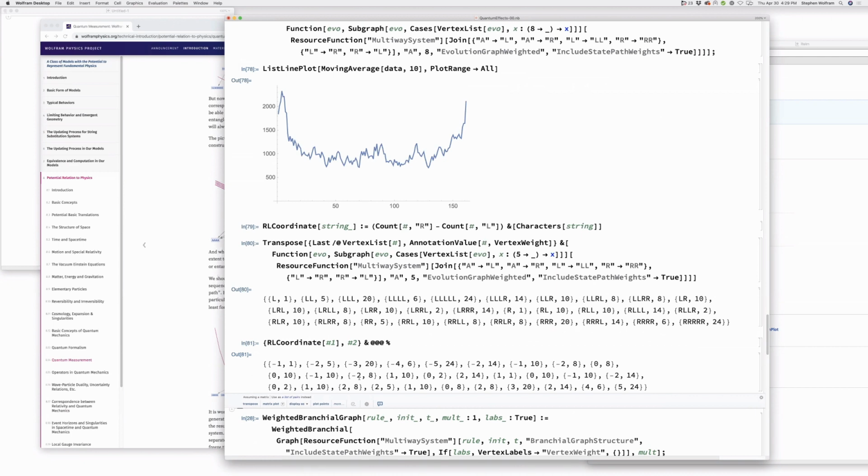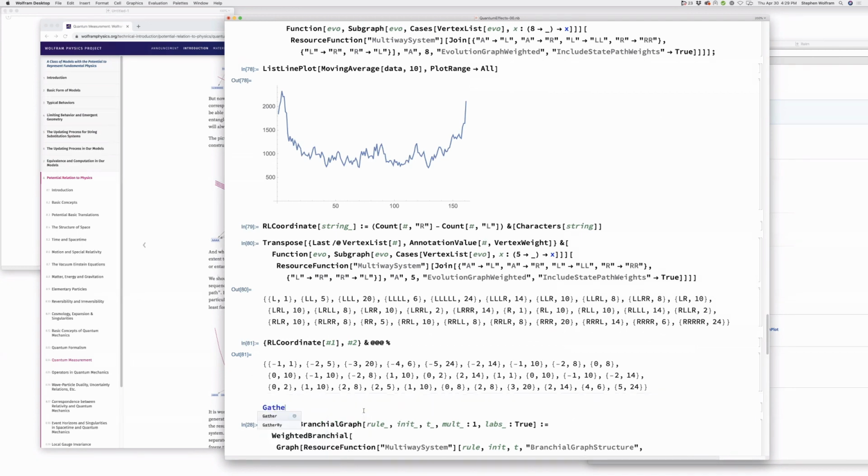Can we do gather by? Possibly, if I could remember how that works. What does it do? It's gather by, gather by first. Does it have a gathering function? Good question. Hang on. Why is this not coming up? So annoying.